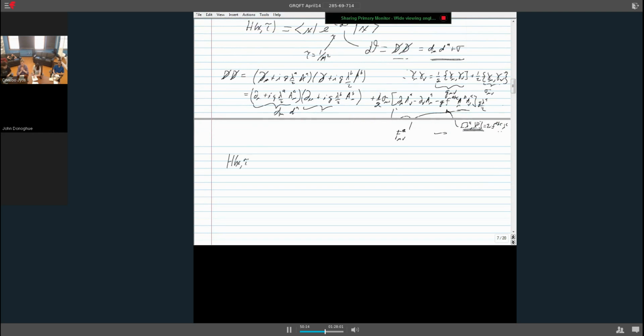Clearly I'm skipping a couple steps here just to save time. But I have lambda A times lambda B here. I've used that identity on this antisymmetric piece here, because I get the antisymmetric piece of these two lambda dot A, lambda dot A pieces. That's my structure constant. Okay, and the overall thing that comes out here is the field strength tensor F A mu nu for the Yang-Mills field.